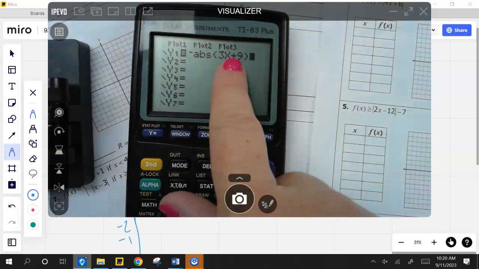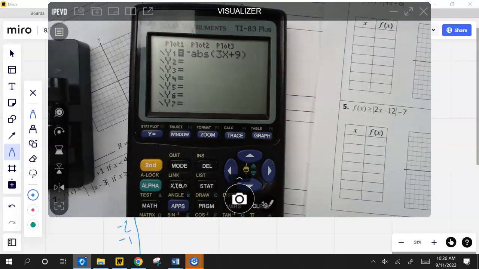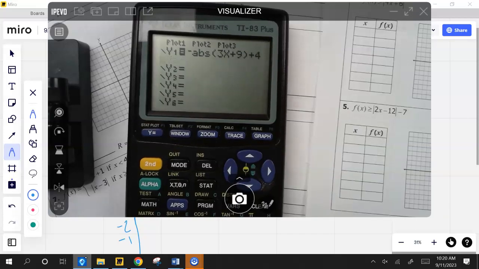Close that parenthesis so it closes off that absolute value. And then plus 4. Yes. Y equals negative.